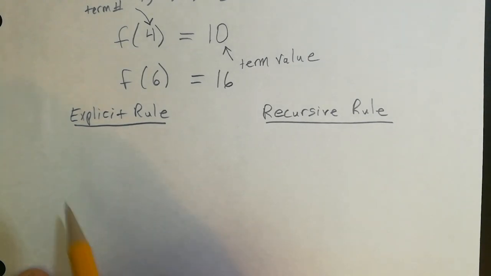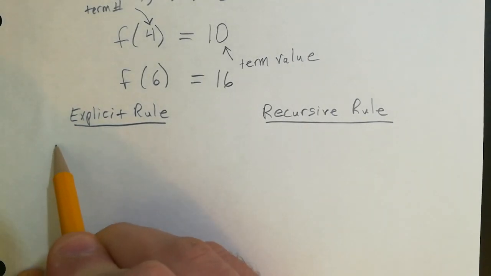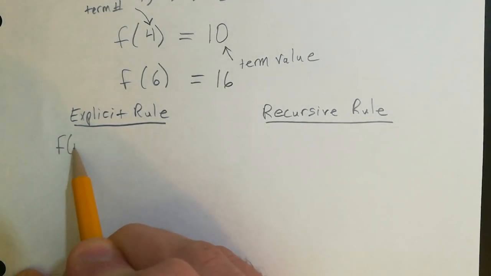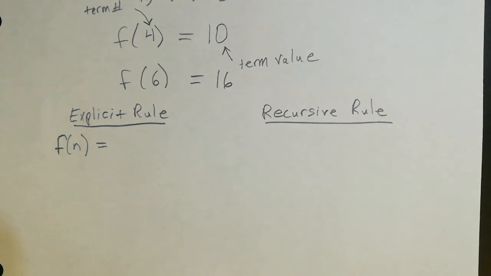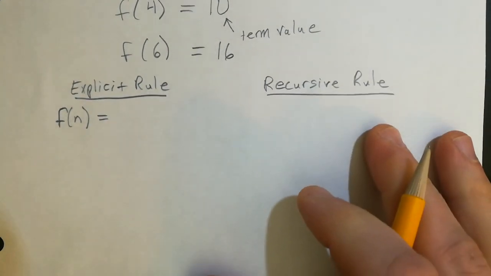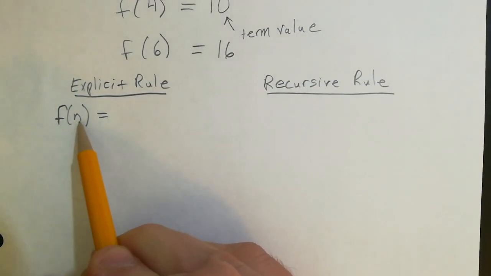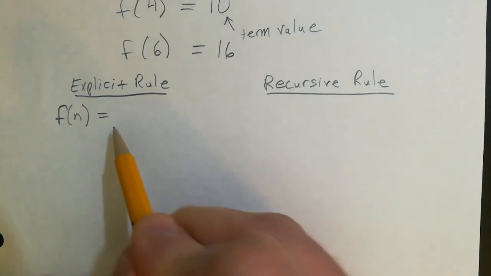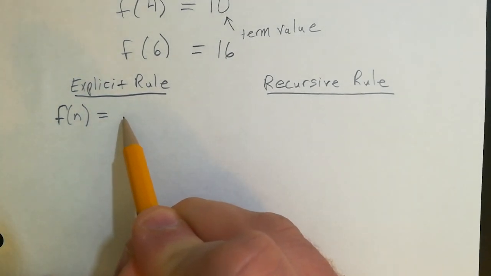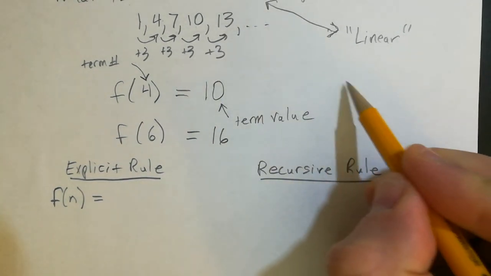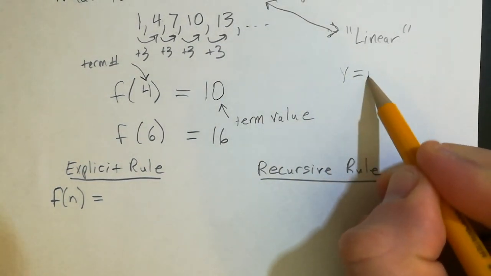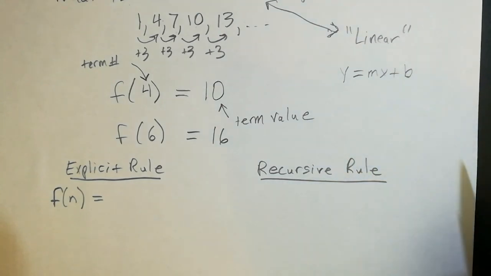So the explicit rule, well, if you think about what needs to happen here, we'll just call the input variable n. Usually, traditionally what's used for sequences is n, not x, okay? So we put in any number in here, okay? And if you think with linear stuff, we had y equals mx plus b, right?